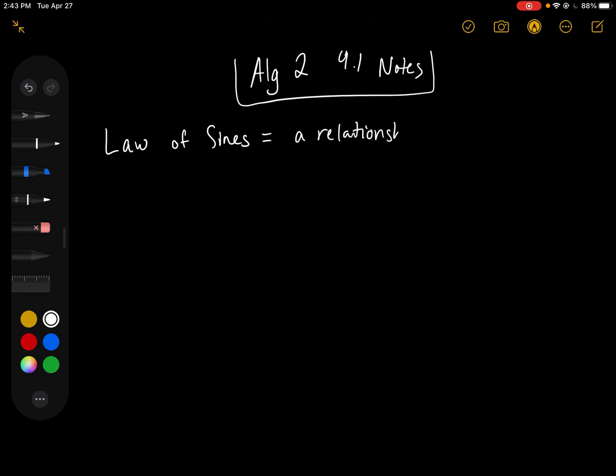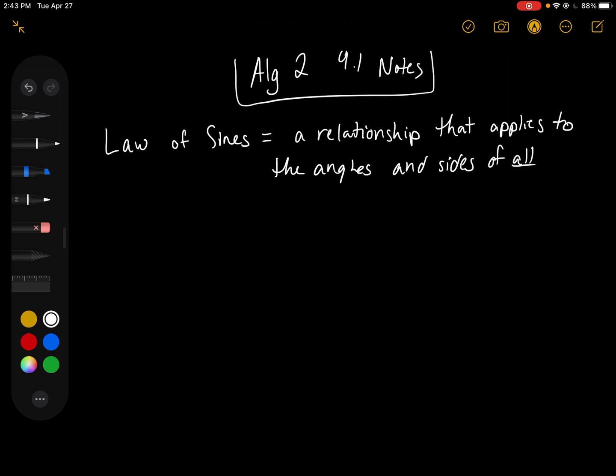What can we use? The first thing that's going to come up a lot is the law of sines. And this is a relationship that applies to the angles and sides of all triangles.